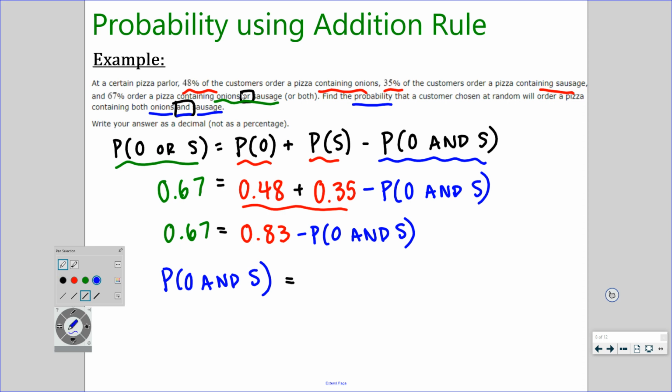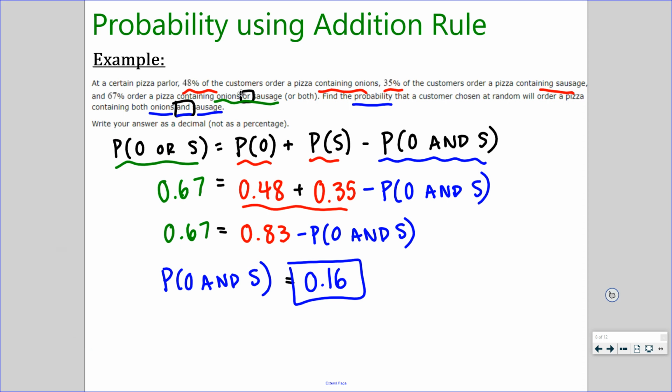So 0.83 minus 0.67 is 0.16. Okay, so I like that one. We use the addition formula to help us solve an "and" problem.